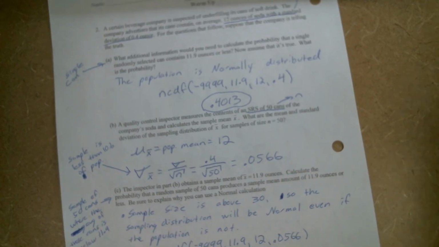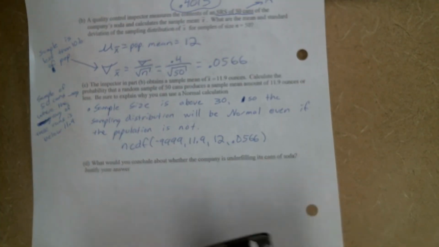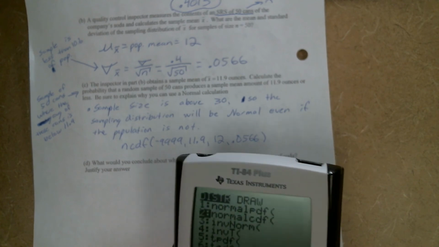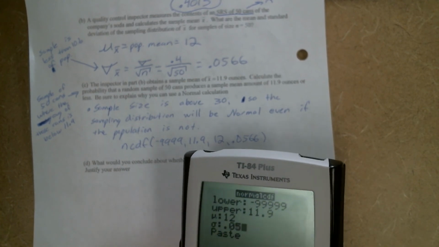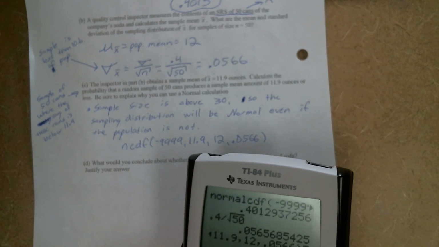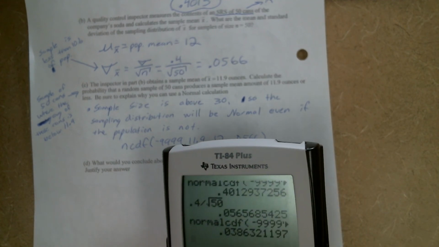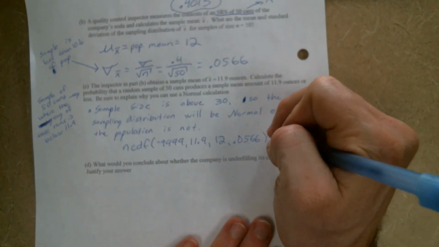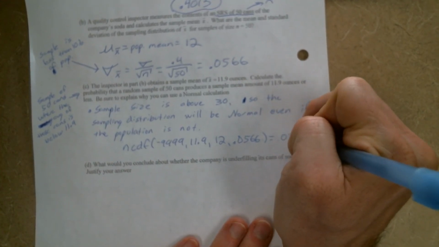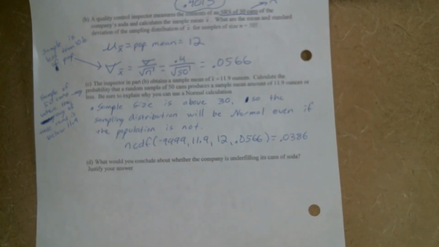And let's see what that gives us. All right, so NCDF, negative 9999 to 11.9, 12. The only thing that has to change is this bottom part. And it brings it all the way down to 0.0386. All right, so what would you conclude about whether the company is underfilling its cans of soda?